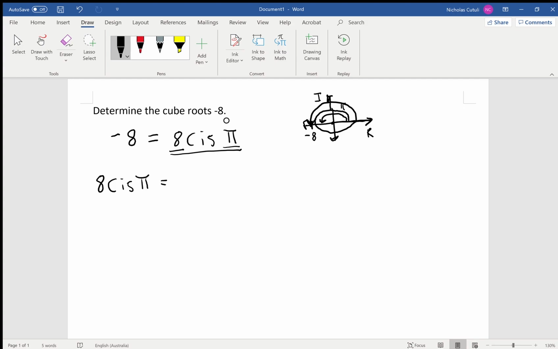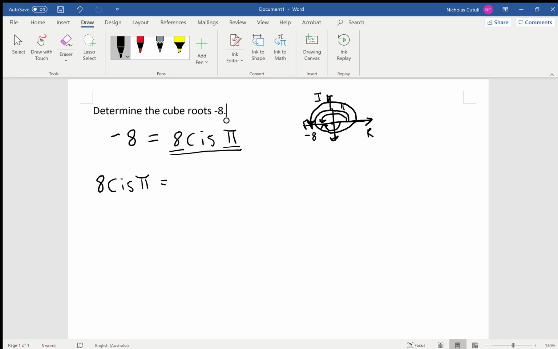If I went around with 5 pi's, I'd still end up with that same value of -8 on the real axis. Now, instead of that, I could also go in the negative direction. I could go -pi, okay, and I could go -3 pi, and I'd still end up with the same value, still the same complex number.